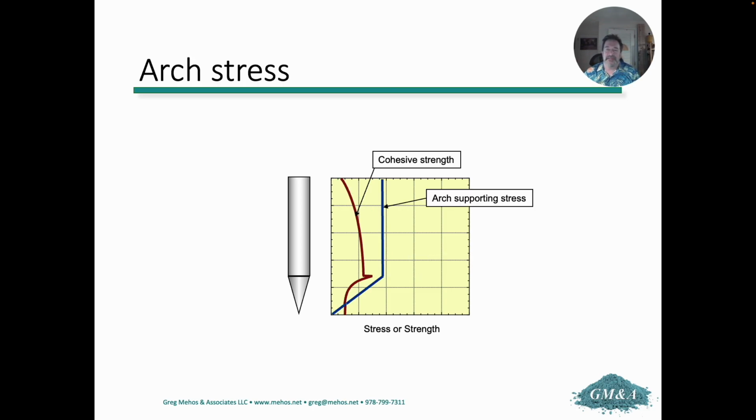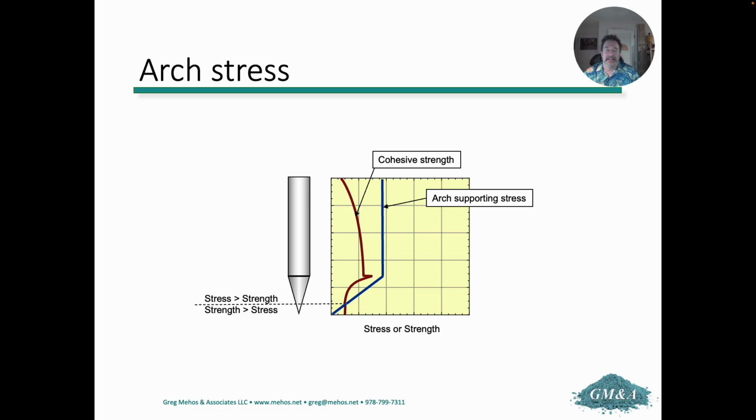Now remember, I showed you that the arch supporting stress is proportional to the span, proportional to the diameter. So if I were to plot the arch supporting stress on the same graph where I showed the cohesive strength as a function of position inside my bin, then I can see there are two scenarios. If the diameter is large enough, the stress on the material is greater than its cohesive strength, and that diameter is large enough to prevent a flow obstruction.